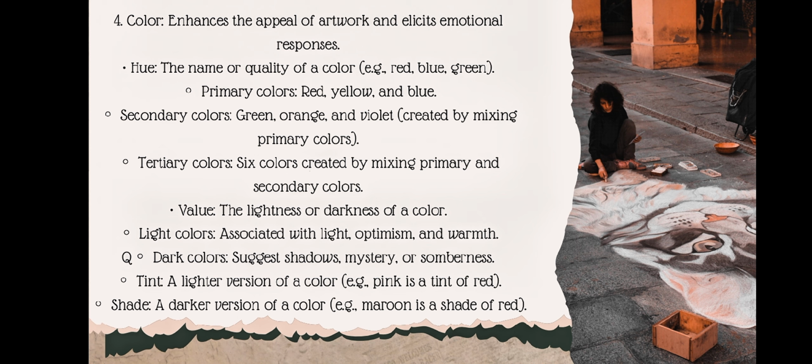Five, texture: the surface quality of an artwork, experienced through touch and sight. Real texture: the actual feel of the surface. Implied texture: the look of textures created through visual techniques.